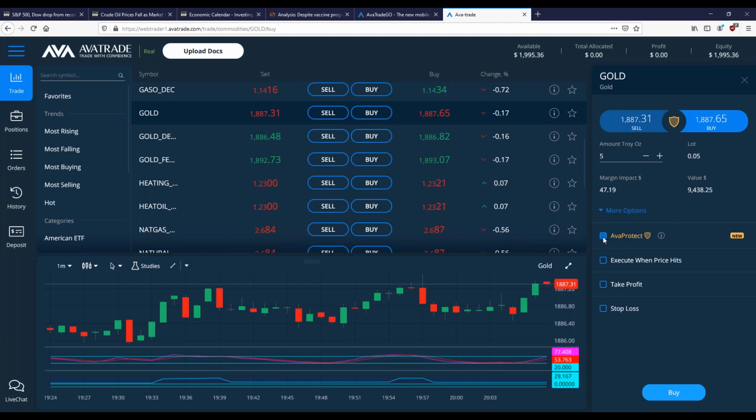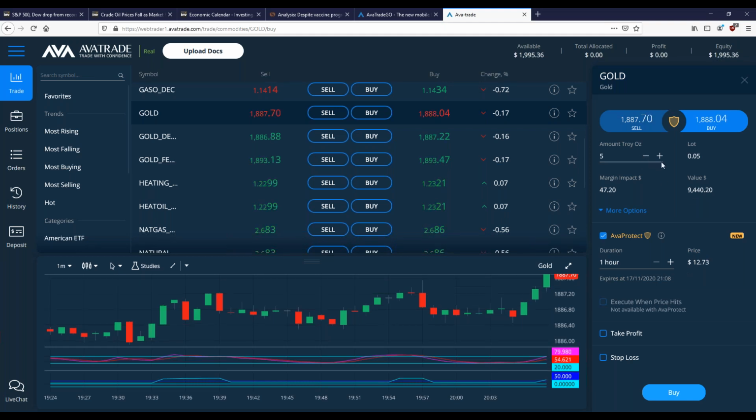Ava Protect, if I want to choose that, okay, how long do I want protection? 1 hour. If I'm a scalper, maybe I choose 1 hour. It only costs me $12 and change. With 5 ounces, if gold jumps $4 or $5, I make a lot more than what the premium cost is, right? Maybe I do 2 hours protection, 3 hours, 6 hours, 1 day, 2 days.